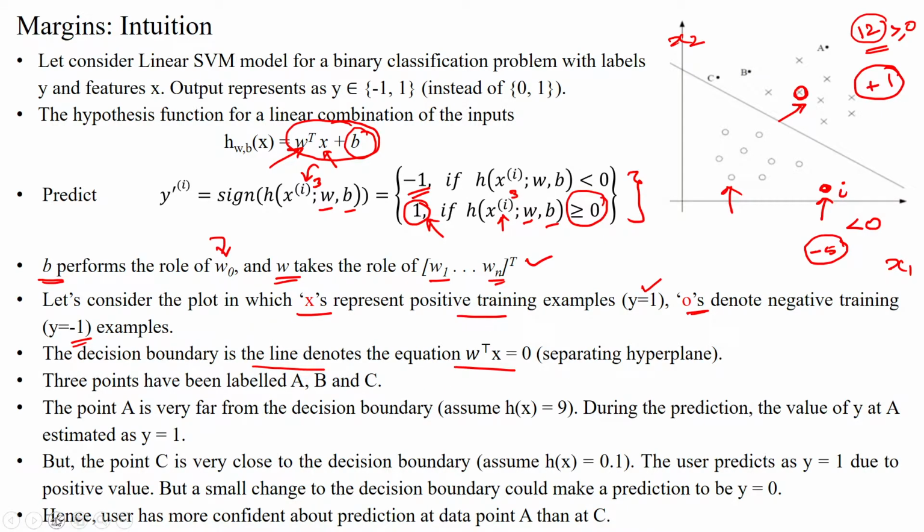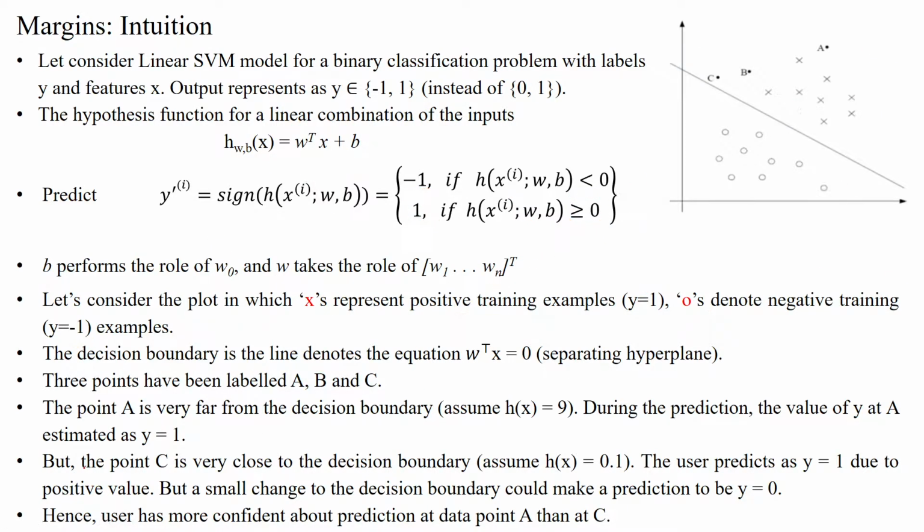The hyperplane always has the equation w transpose x plus b equal to 0. Below this, w transpose x plus b is less than 0, and above this hyperplane, w transpose x plus b is greater than or equal to 0. That is the representation of this plot.